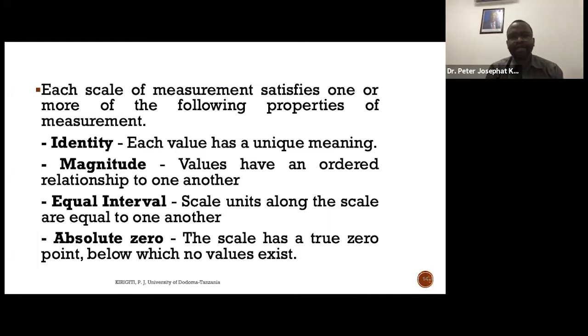Then we have the property of magnitude. Here we have unique meaning for the values, but we have the additional issue of order. We can have a variable which has a certain order.